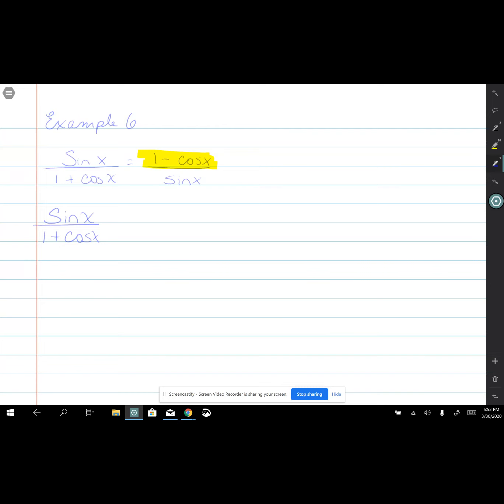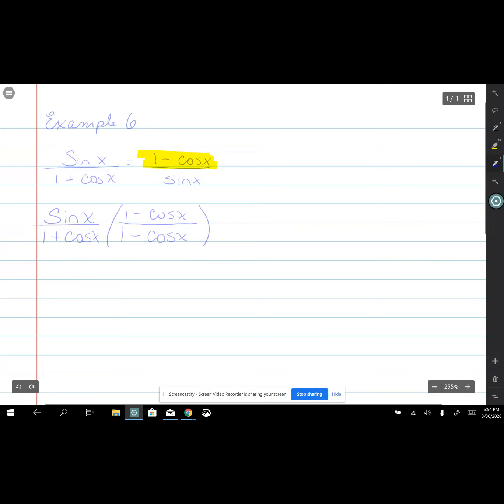And the only way of doing that is we're just going to multiply top and bottom by that. The reason we're doing it is because we are multiplying by the conjugate of the denominator, if you think about this. So the conjugate goes on the bottom. And remember, what you do to the bottom, you must also do to the top.